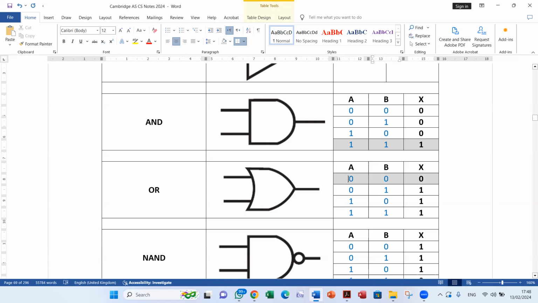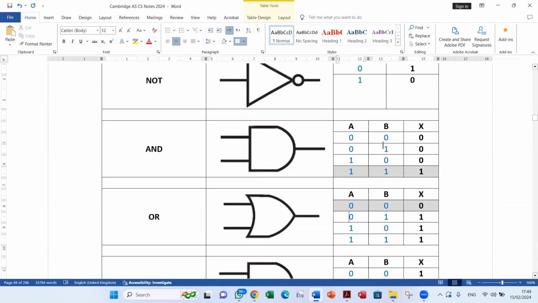So 0 and 0 will output 0. 0 and 1, it's okay. OR is like the union. So 0 and 1 union produces 1. 1 and 0 union produces 1. 1 and 1 union produces 1. The AND is somehow like intersection. The intersection between one here and one here produces one here.